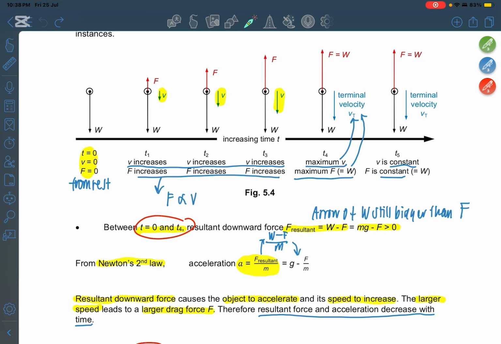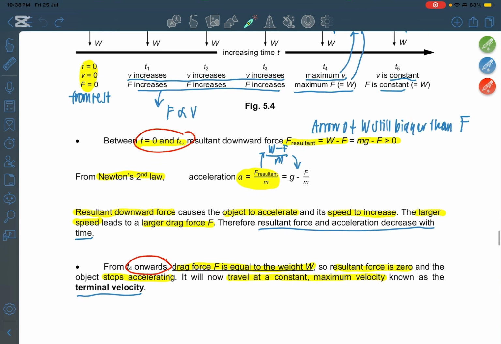The larger the speed, the larger the drag force. And so that's why F net and acceleration decrease with time. The object will accelerate, but because of drag force, the resultant force decreases with time, and hence acceleration decreases with time.